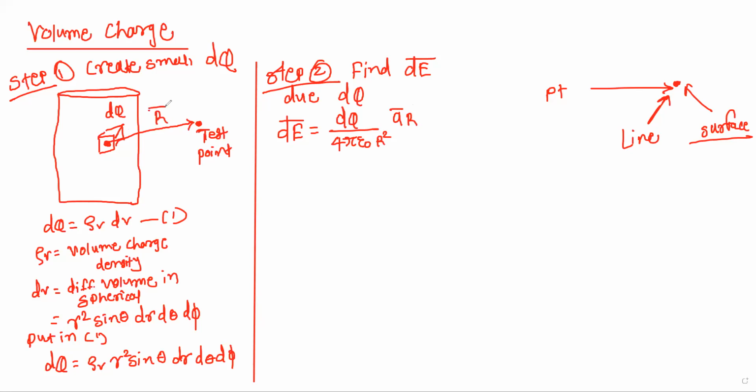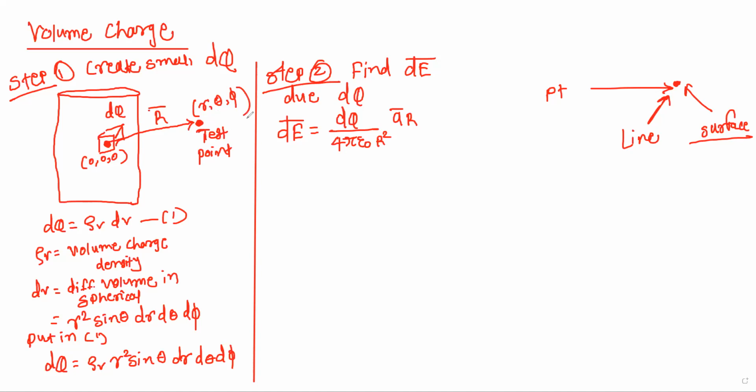We are talking about this vector. Now if I try to find out the vector, consider this at origin 0, 0, 0, and this point will have some coordinates in the spherical coordinate system as r, theta, phi. So these are the coordinates.